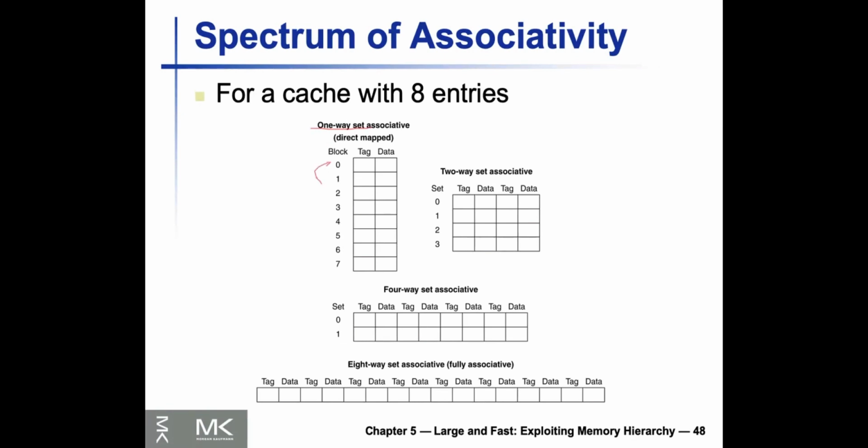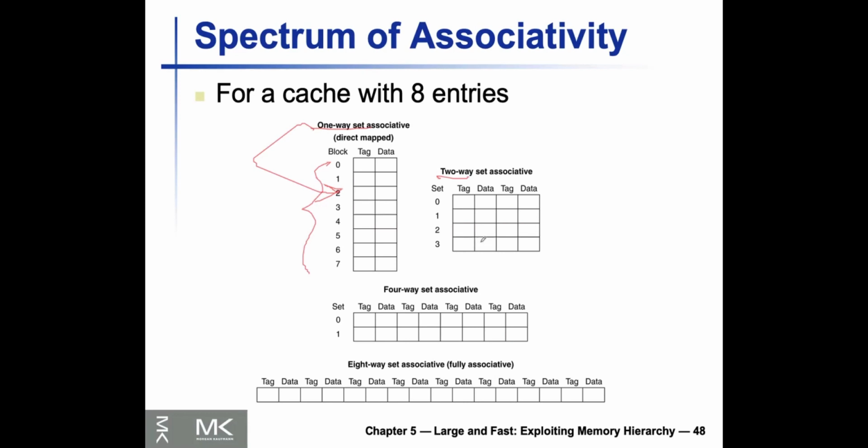So you have 8 blocks, and each of them has only one place it can go, either in 2 or 3 or 4. So it's a direct map. Then you go one step further and make the one-way set associative a two-way set associative. So for each of those, you have 2 options. It could be in any of those, 0 and 1 in each of the cases.